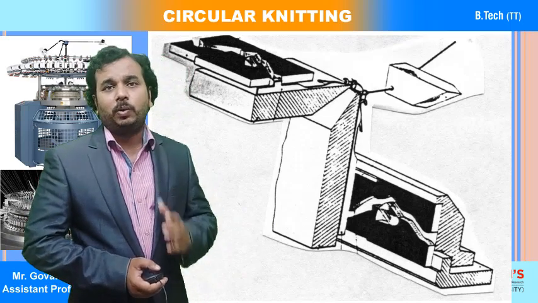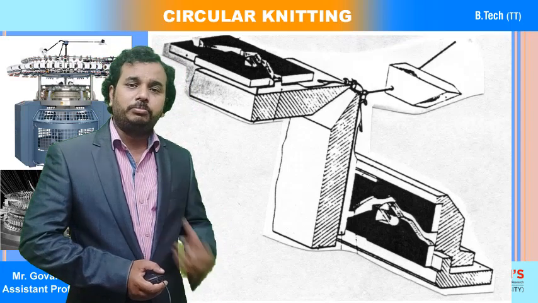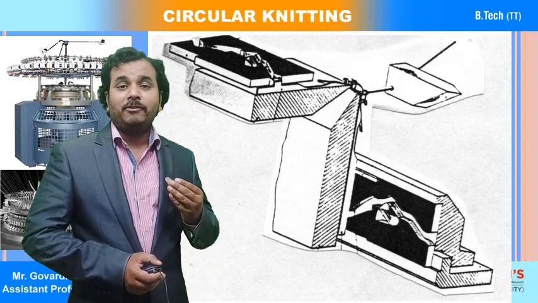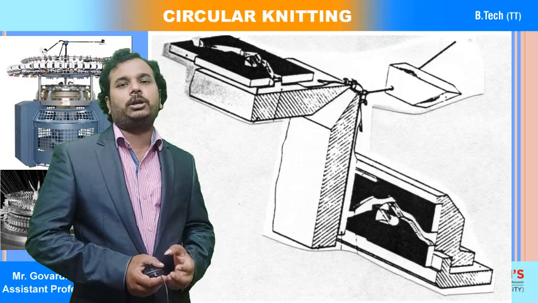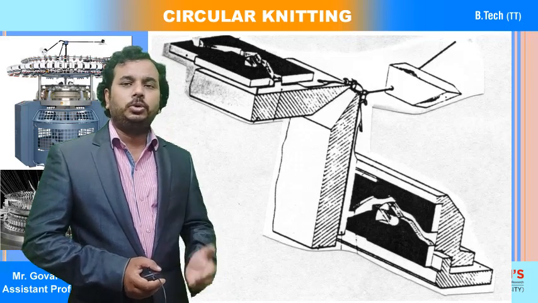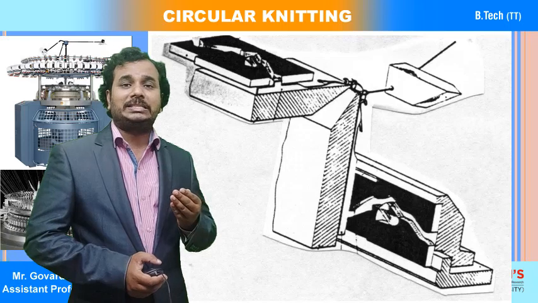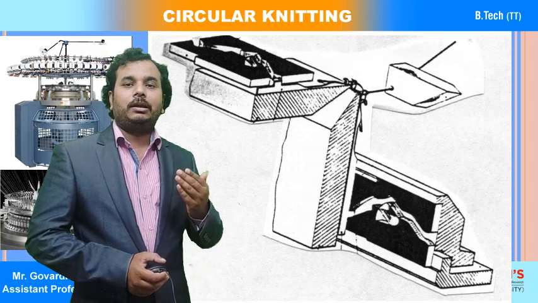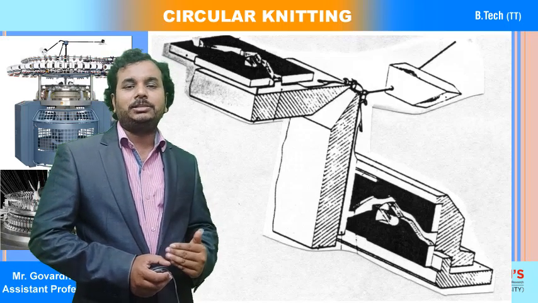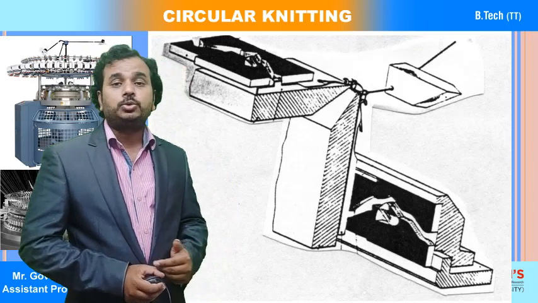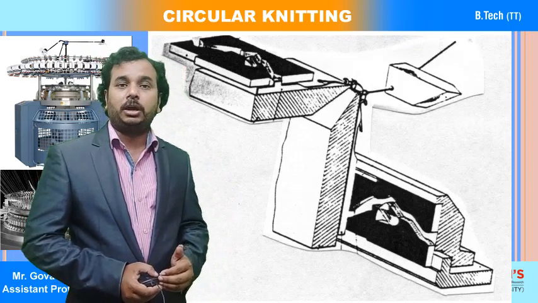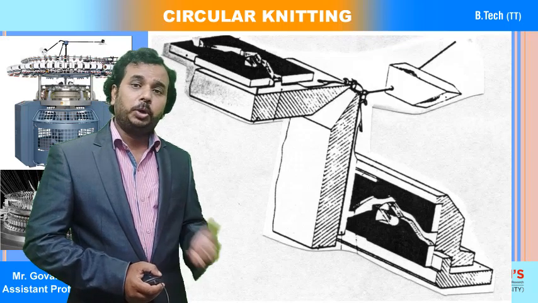This is one example, and you can observe that there is a yarn feed guide placed near the two needles, so that when we start descending the needle, the yarn is going to be fed, so that the loop formation can occur from both the beds.